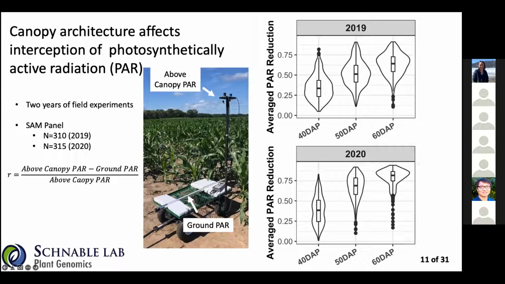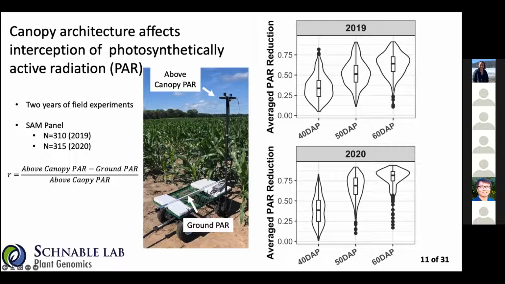This enables us to capture the PAR above the canopy, so we know how much light is reaching the canopy. And then we mounted a LI-COR line sensor onto a small utility cart, so we can push it through the field and deploy it to the end of the canopy to collect the below-canopy PAR.